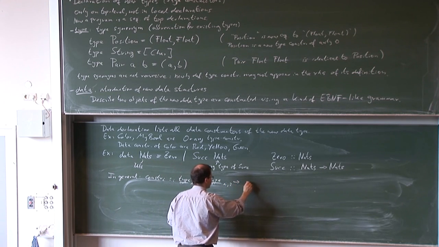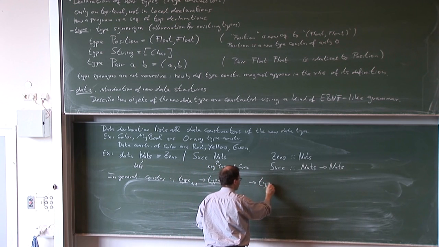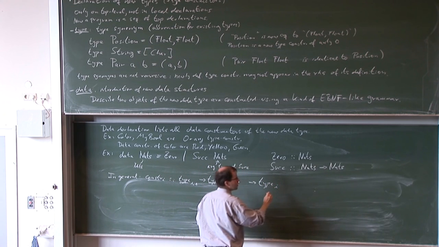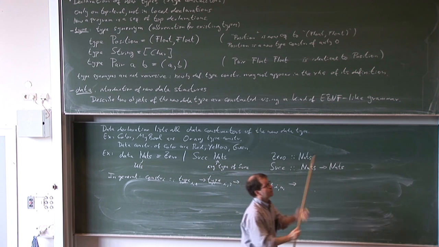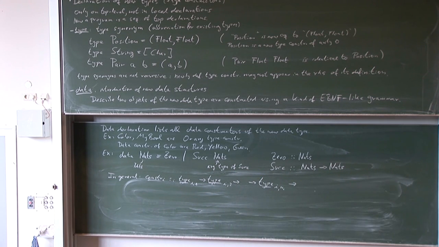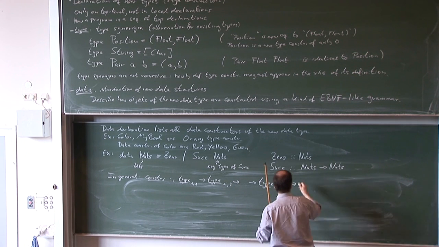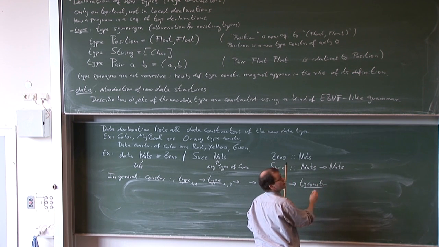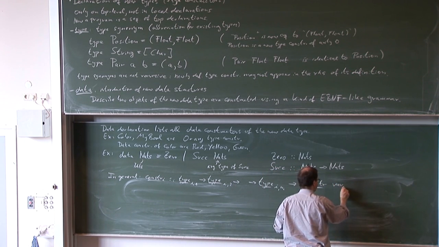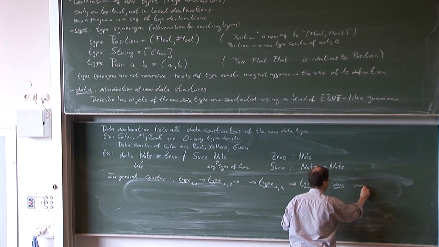And the last one is of type ti,ni. And the result is this new thing. The result is this new type that is defined over here. So the result will be the new type constructor applied to variable 1 until variable n.